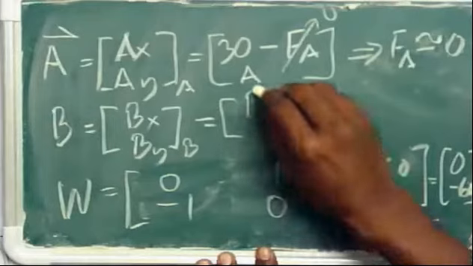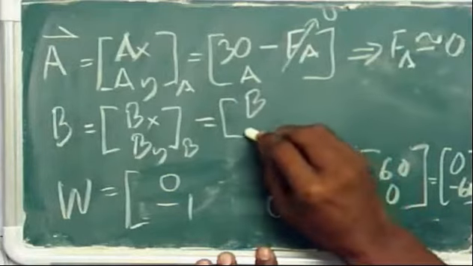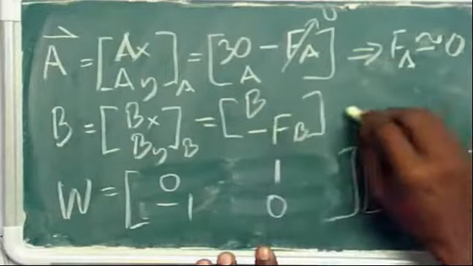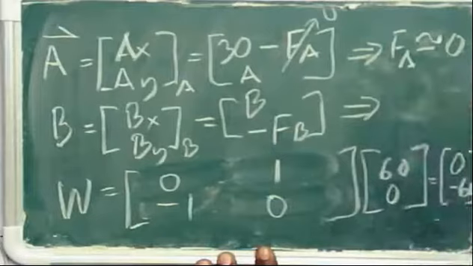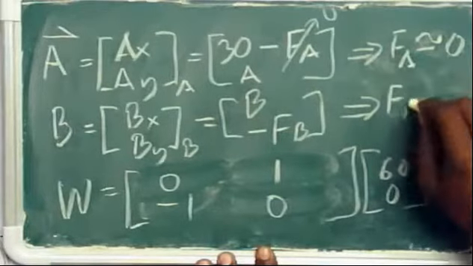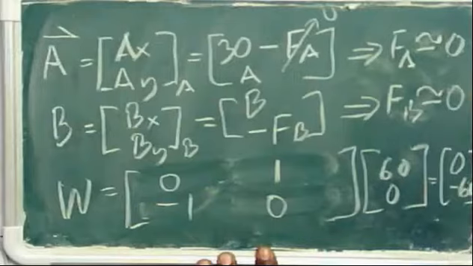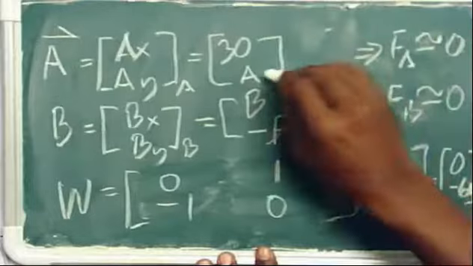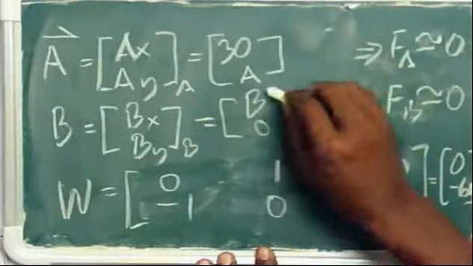At point B, we have defined B. BY is minus FB. And here we assume that the vertical guide is smooth. Friction force will be approximately 0. So I'm going to write it back: it will be 30, A, and this one will be 0.